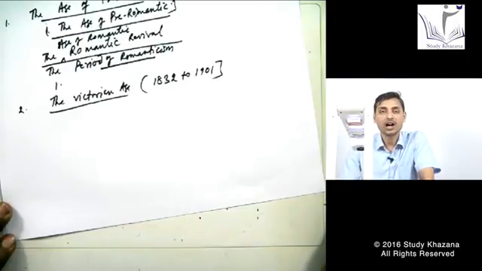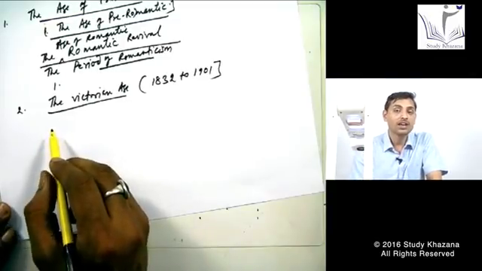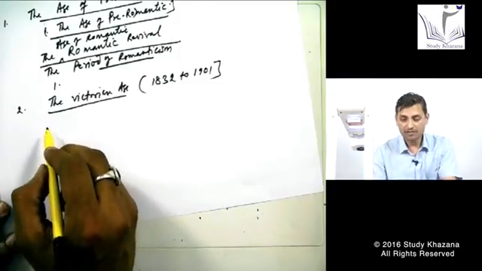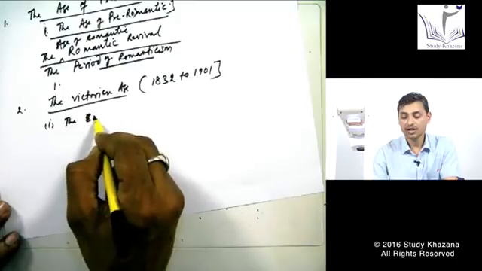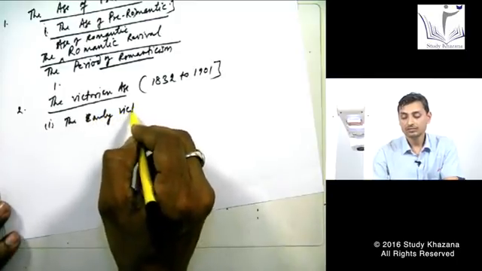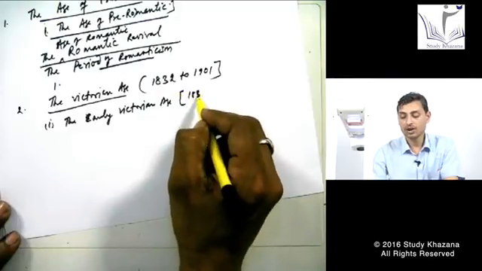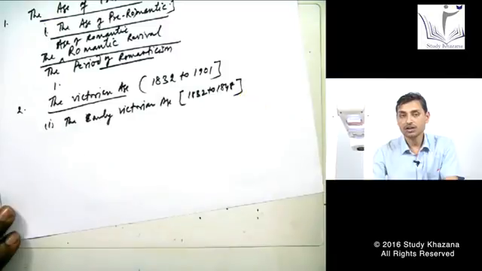It continued up to 1850 when Wordsworth died. And therefore, the Victorian age is also subclassified into three parts. The early Victorian age spans from 1832 to 1848.